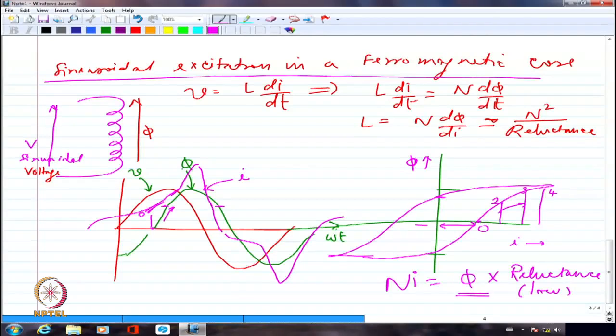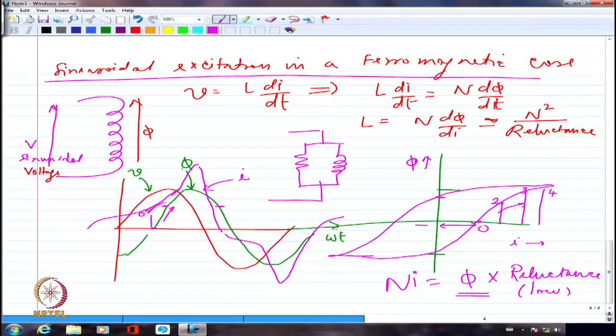So obviously I have to represent the ferromagnetic core by an inductance. The second thing I would represent this by is a resistance. So we are going to represent the ferromagnetic core by a resistance and inductance in parallel with each other. The inductance actually represents the fact that the current is lagging behind.